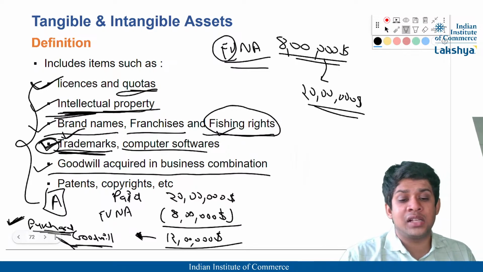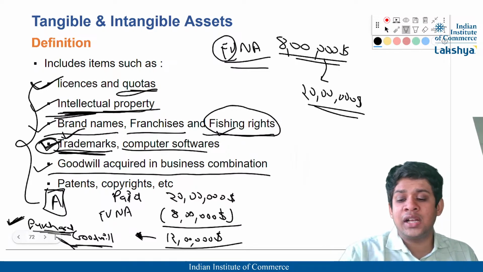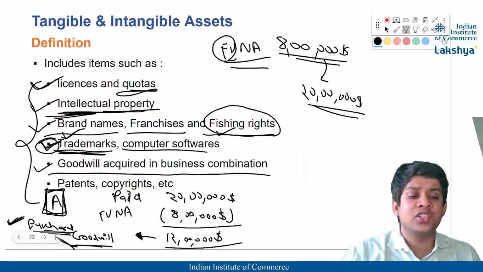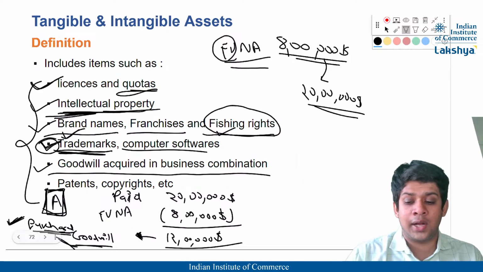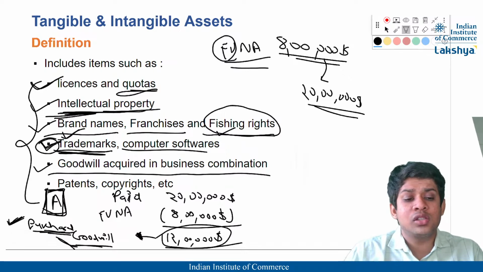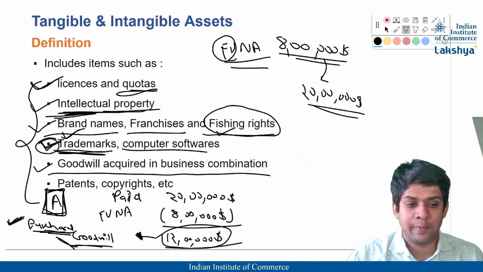It is an intangible asset because at a future date, company A will make use of company B's business and generate economic benefits, right? Whatever extra payment they've made in the form of goodwill is going to be recoverable at a future date. So it will be classified as an intangible asset.